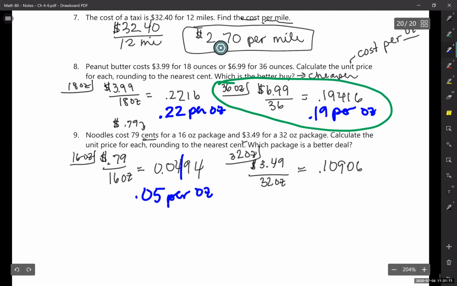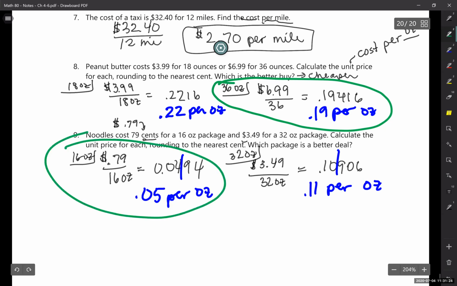And this one is 11 cents per ounce because again, I'm rounding up. And so we can see it's actually a lot cheaper to buy the smaller package. If you want a bunch of noodles, you should just buy more of the smaller packages because it's much cheaper per ounce.